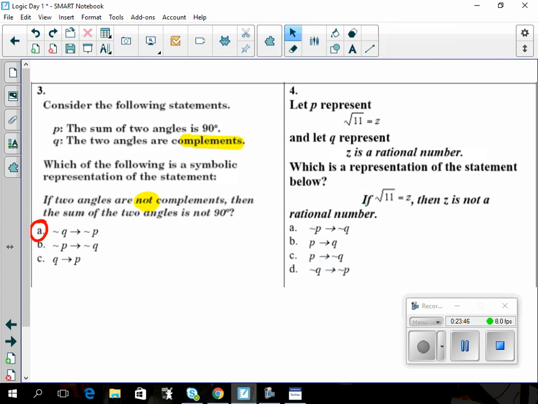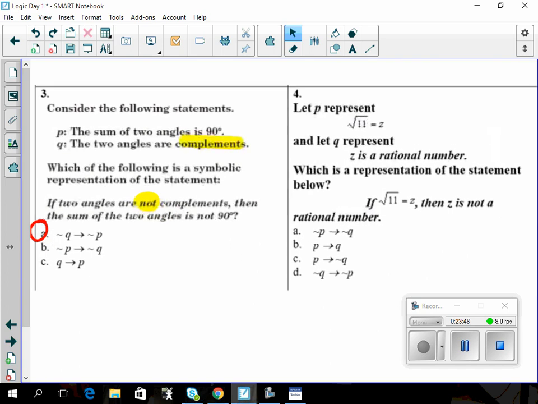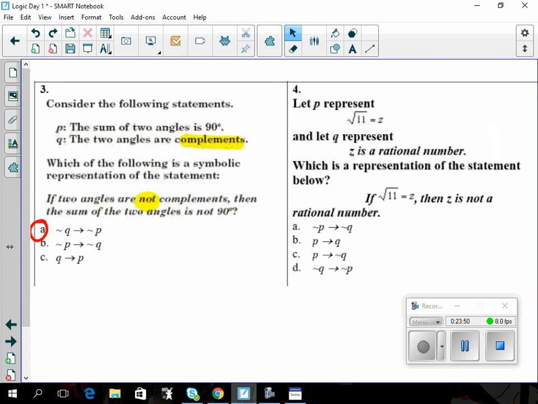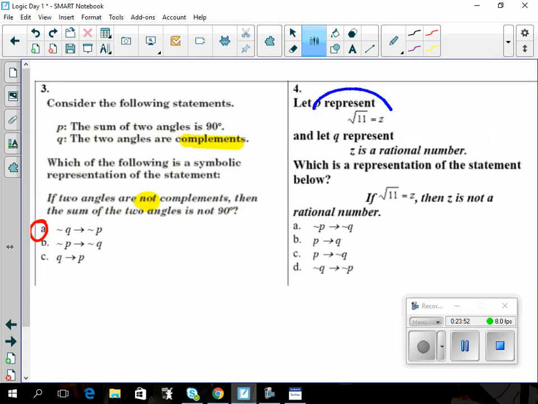Because it starts with a P, we're going to be starting with P. Can I cross those two out for me? Right? And then I'm looking at, it says Z is not rational. The word not is your clue, so what should the answer choice be? Good. How are we doing so far? Good. Symbols are not hard.